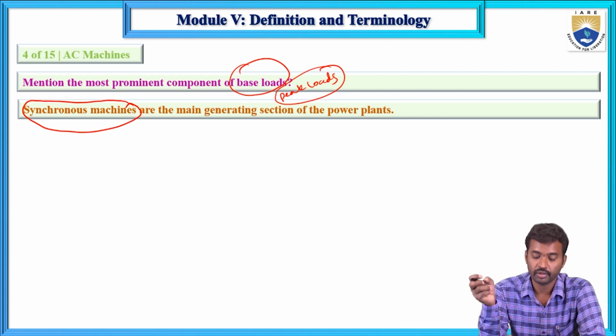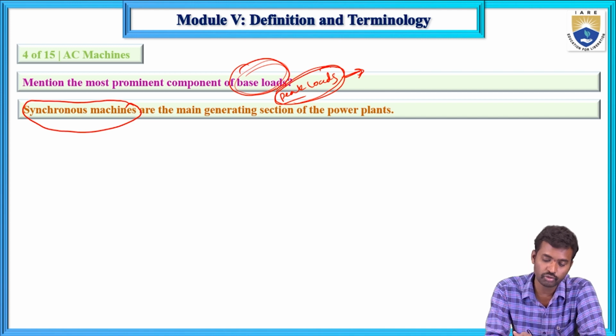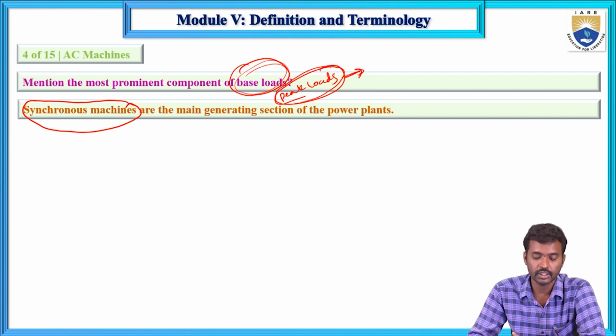Sometimes we need some urgent power during some period, so for peak load purposes we will use diesel power. Diesel power plants are the best examples for peak loads, and for base loads, synchronous generators.